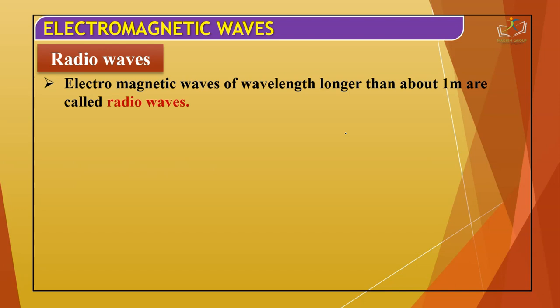Students, in the previous session on electromagnetic waves, we saw different types of waves and their wavelength ranges also. Among those, radio waves have wavelength greater than 1 meter. This is the radio waves.